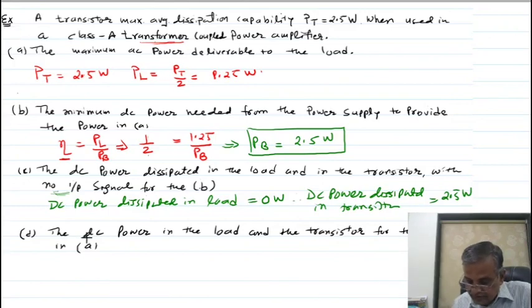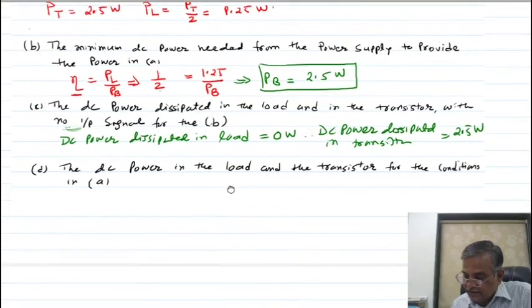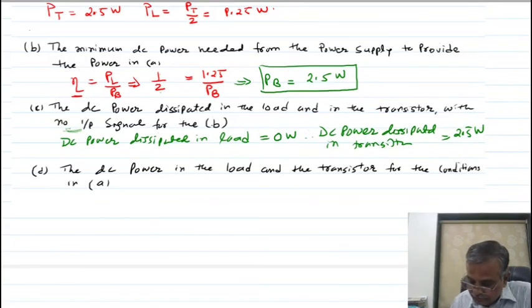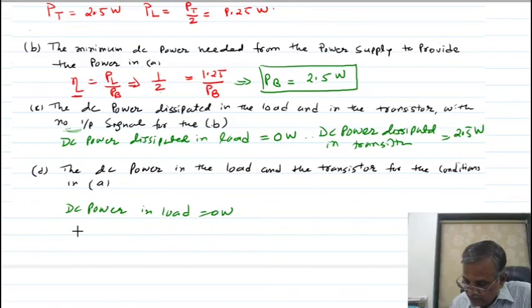Now, the DC power in the load and in the transistor when the input signal is applied. When the input signal is applied, the DC power in load is still equal to 0, and from this, half of the power will be transferred.